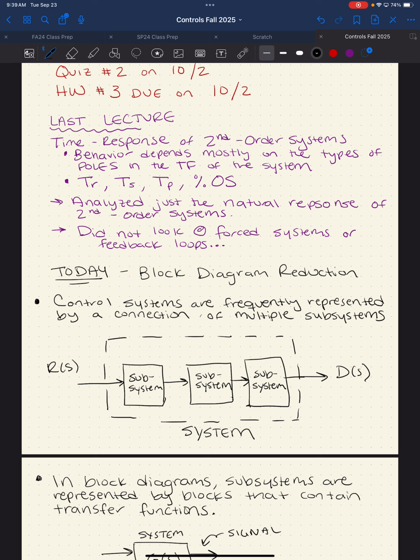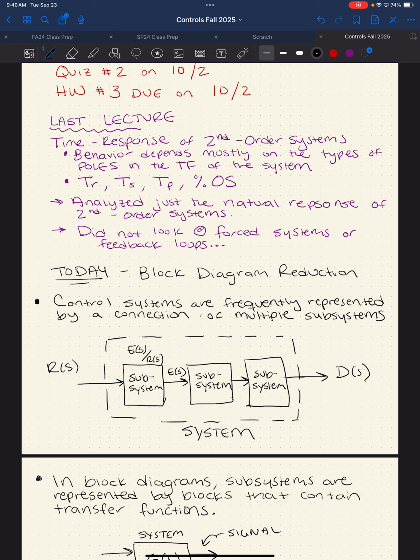So our first signal is R of S, and then let's give a name to this output signal here in the middle. Maybe we call it E of S, which means that the transfer function in between here should be E of S over R of S. So if I take that transfer function, what math describes what I do with that R of S coming in?